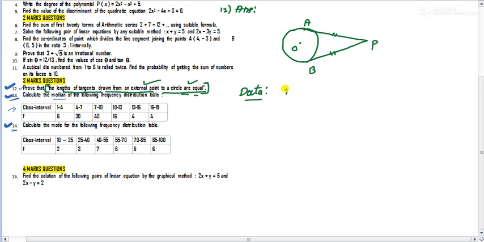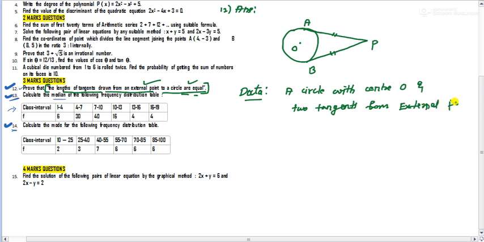Here, a circle, you have to write data like this: a circle with center O, and 2 tangents from external point P are drawn to it.